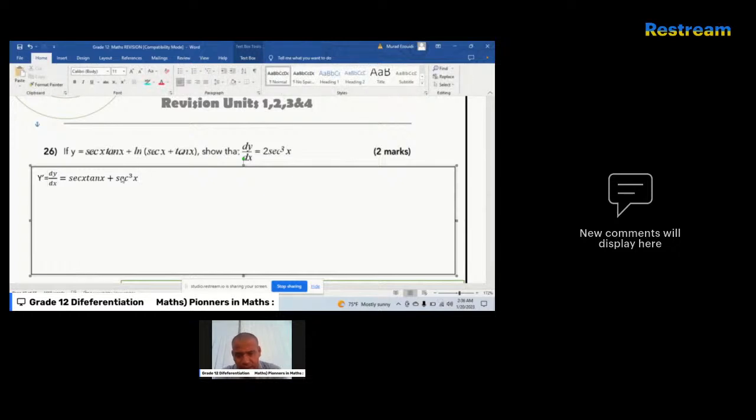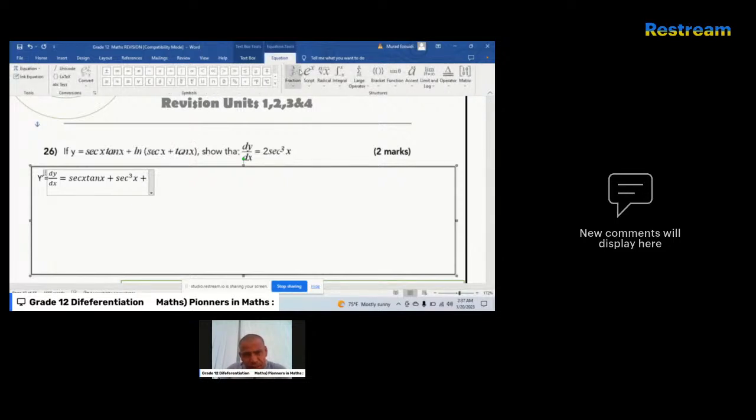Then I move to the next one: plus the first derivative of ln, I will write as a fraction, ln of sec plus tangent. We should differentiate: sec x tangent x, then plus what, learners? Plus the derivative of tangent, sec squared.